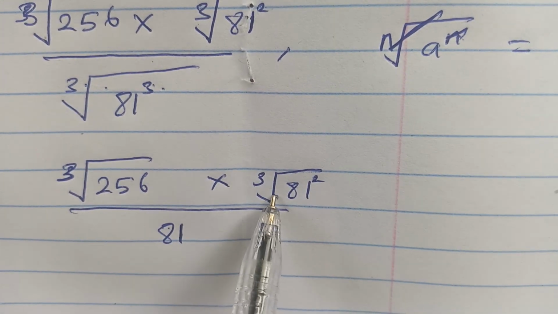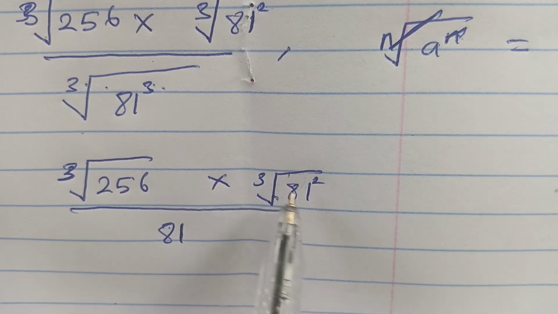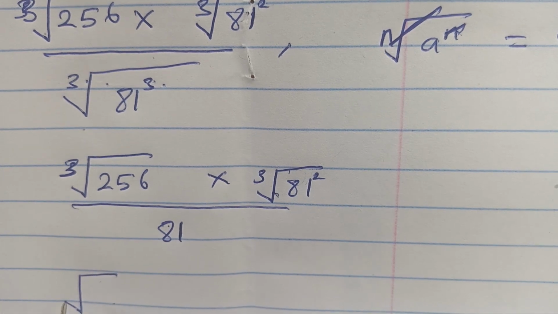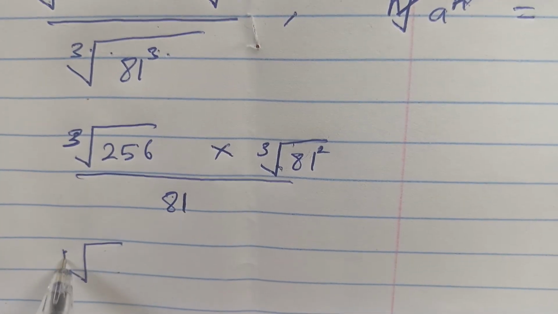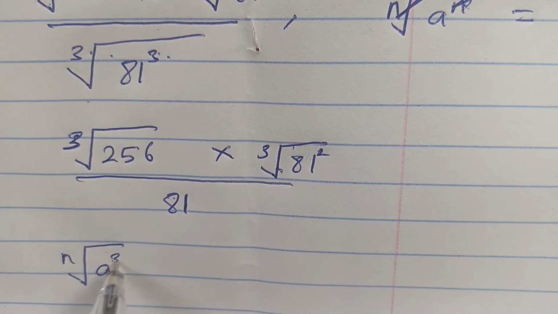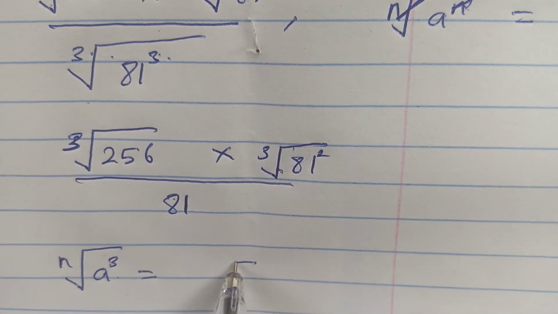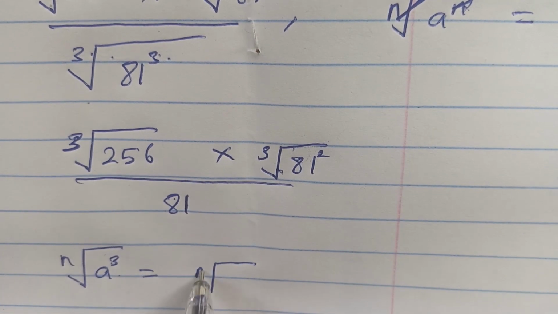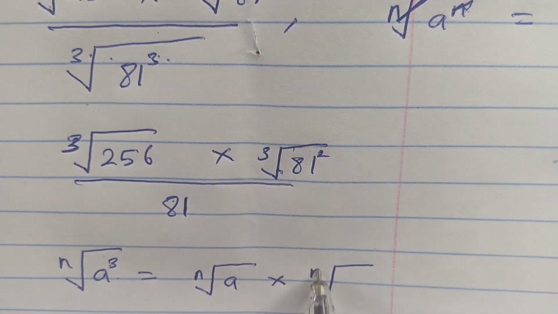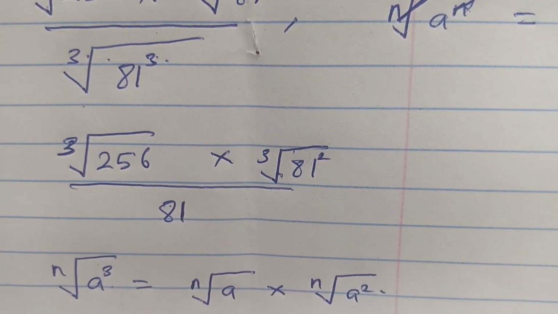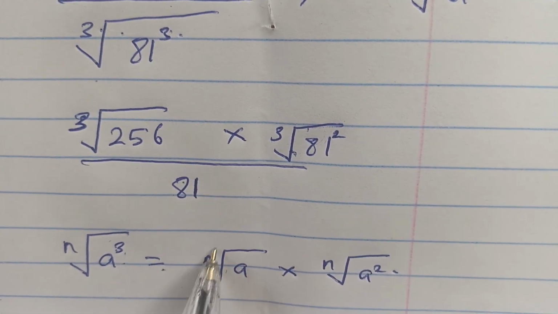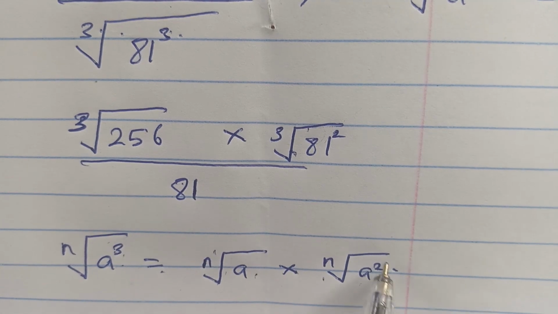Let's work on this because this one is looking somewhat complex. If we have the nth root of a to the power of 3, it is also equal to the nth root of a times the nth root of a to the power of 2.